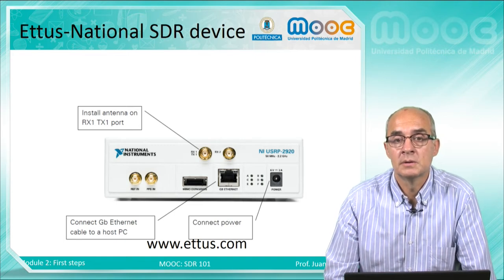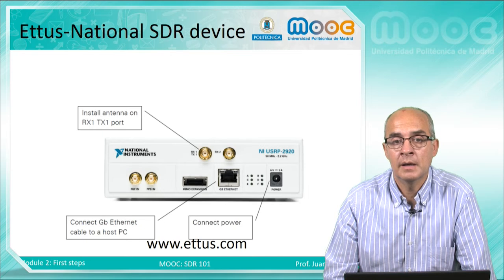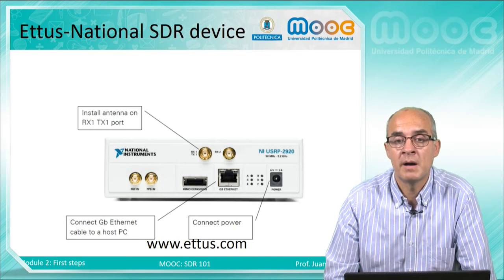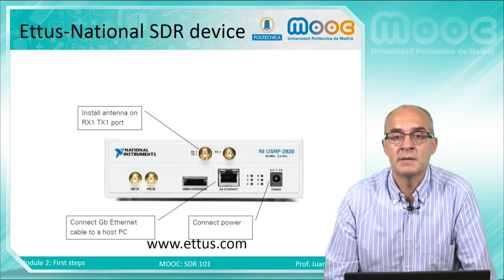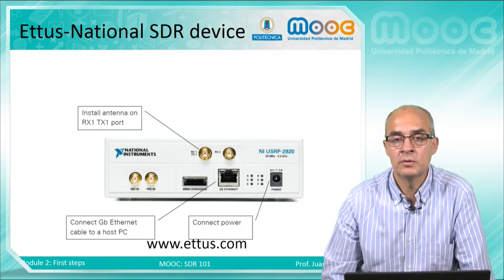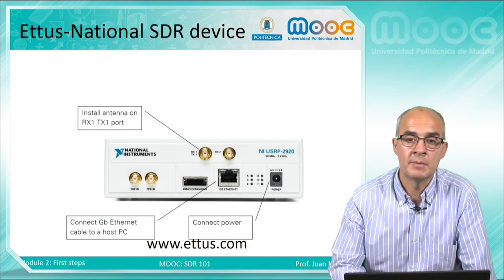This box has a receiver and a transmitter, and it has a wide frequency bandwidth. There are different models, and it can handle 30 to 60 MHz bandwidth, so it's more powerful in this way than the RTL dongle. It is also much more expensive.